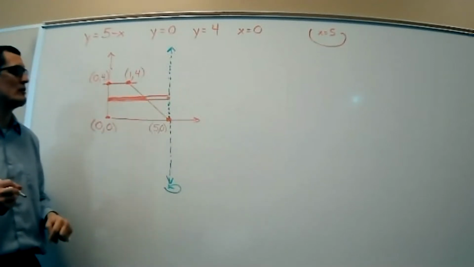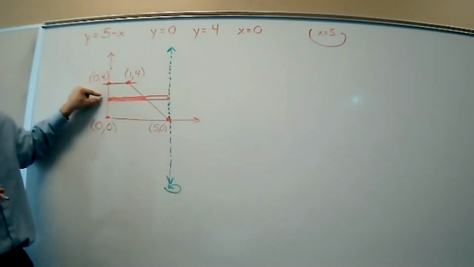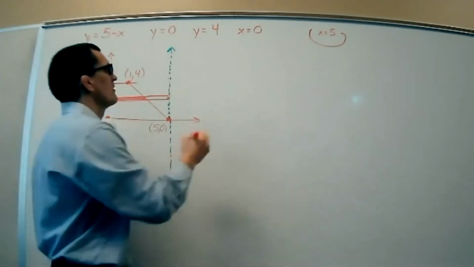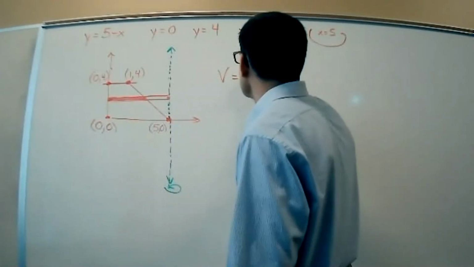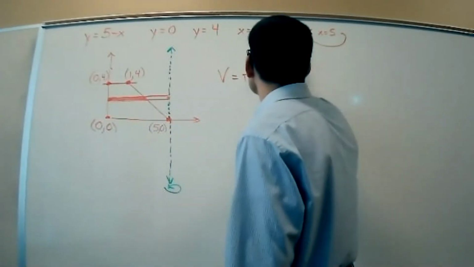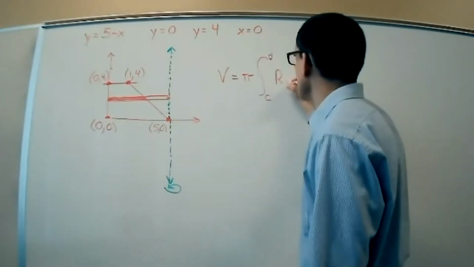So we're going to use the washer method, but the washer method with respect to y, for obvious reasons. Width of that rectangle is done with respect to y.